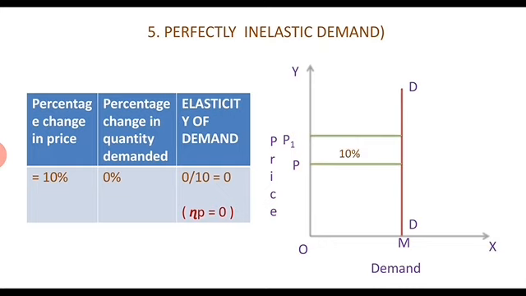There is no change in demand OM. Price changed 10%, there is no change in demand OM. The perfectly inelastic demand curve is parallel to the y-axis. Here eta p is equal to 0.